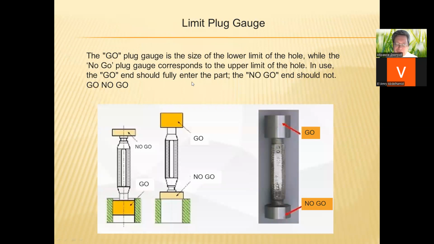Limit plug gauge. The go plug gauge is the size of the lower limit of the hole, while the no-go plug gauge corresponds to the upper limit of the hole. In use, the go end should fully enter the part.